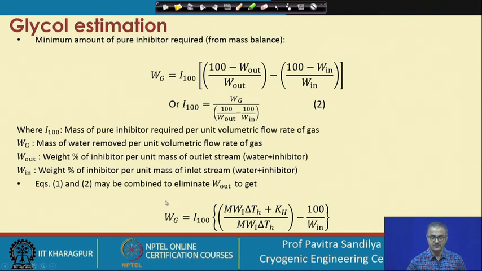So, now we can find out the amount of the water removed per unit volumetric flow rate of the gas in terms of the molecular weight of the inhibitor, the temperature depression, the amount of the pure inhibitor used and the inlet concentration of the inhibitor.